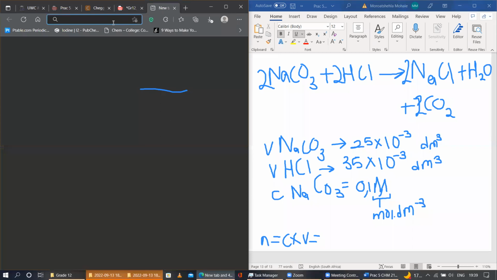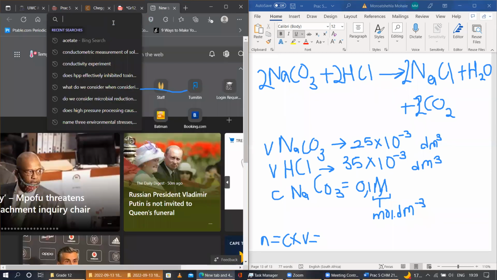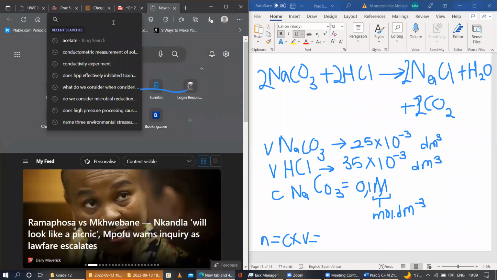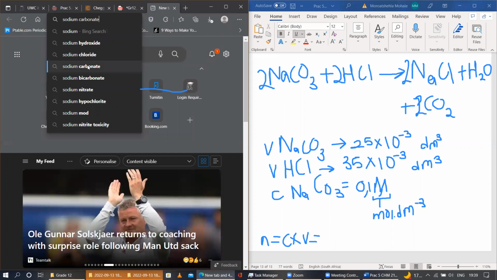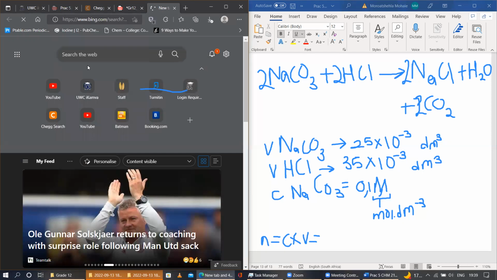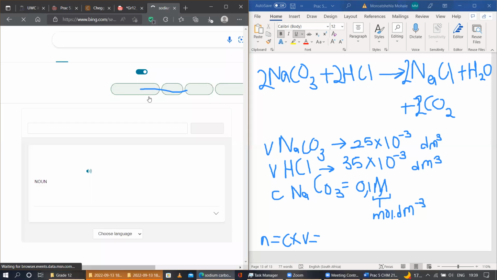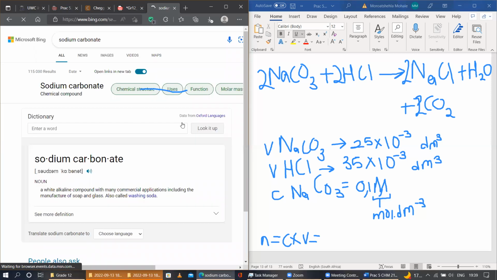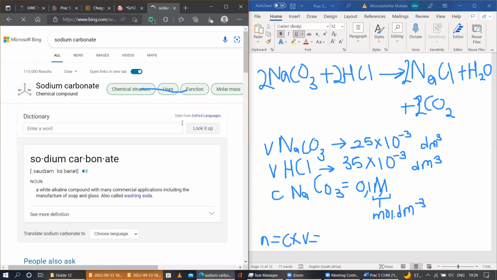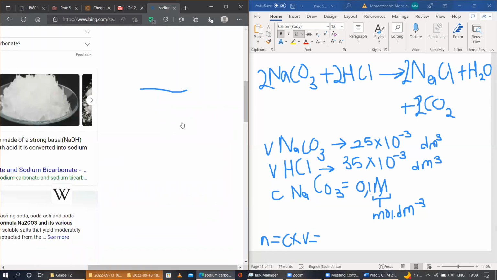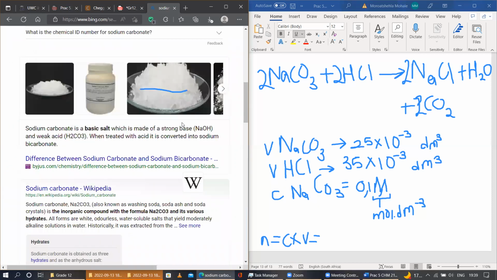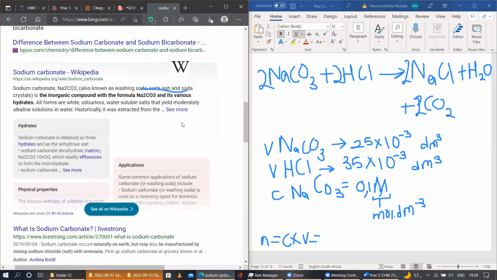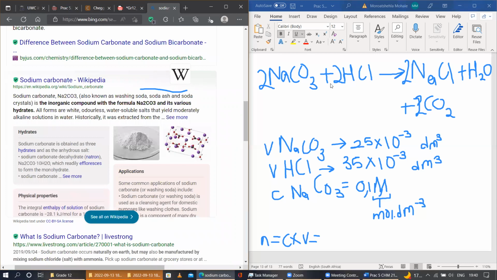I think I got the chemical formula for sodium carbonate wrong, so I'm just gonna search for it. I think it's Na2CO3, but I wrote NaCO3.